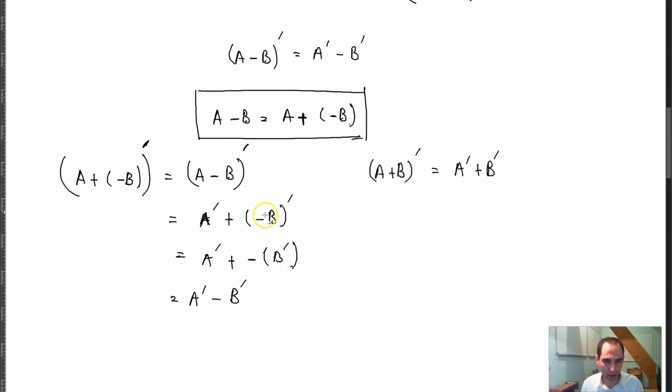And then I can take the negative out because negative B whole transpose is the same thing as negative of B transpose, and of course I have to write parentheses here, and then that is the same thing as A transpose minus B transpose, right?